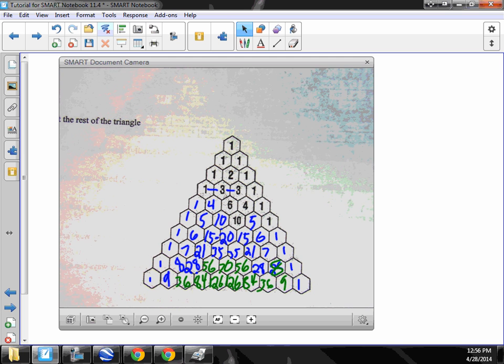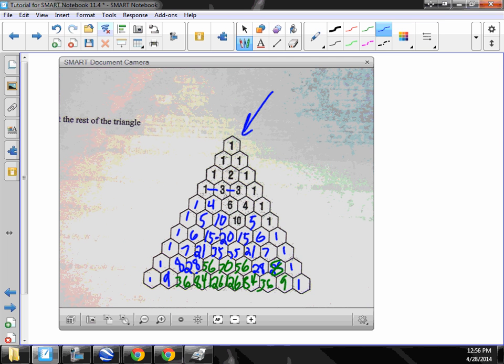Okay, let me show you some more patterns that are kind of nifty. If I look at the first diagonal, it is constant. Constant meaning it doesn't change. There is no difference in those numbers. Let's look at the second diagonal.